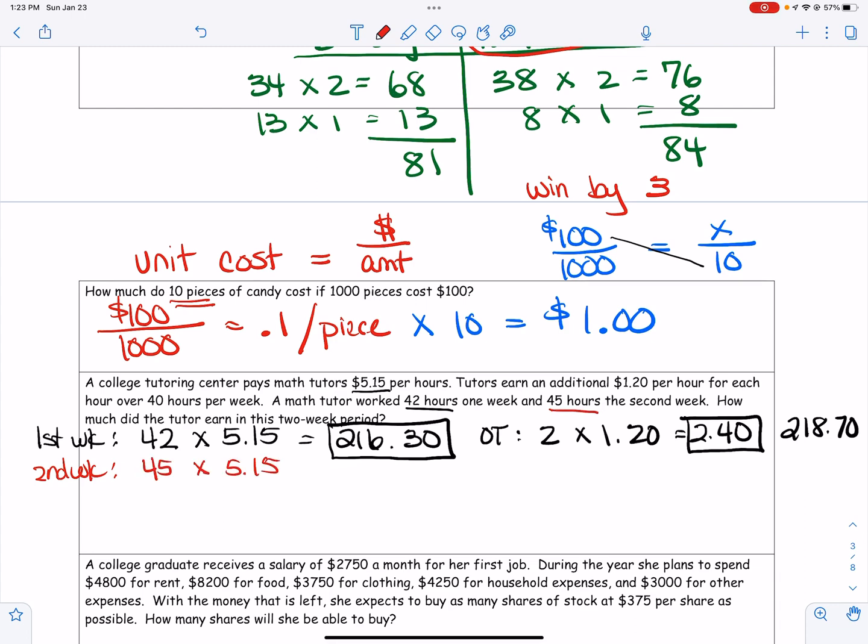Then for week 2, they work 45 hours. So we take 45 times 5.15, and we get $231.75. And this time they have 5 hours of overtime, which is $6. So $231.75 plus 6 gives me $237.75.